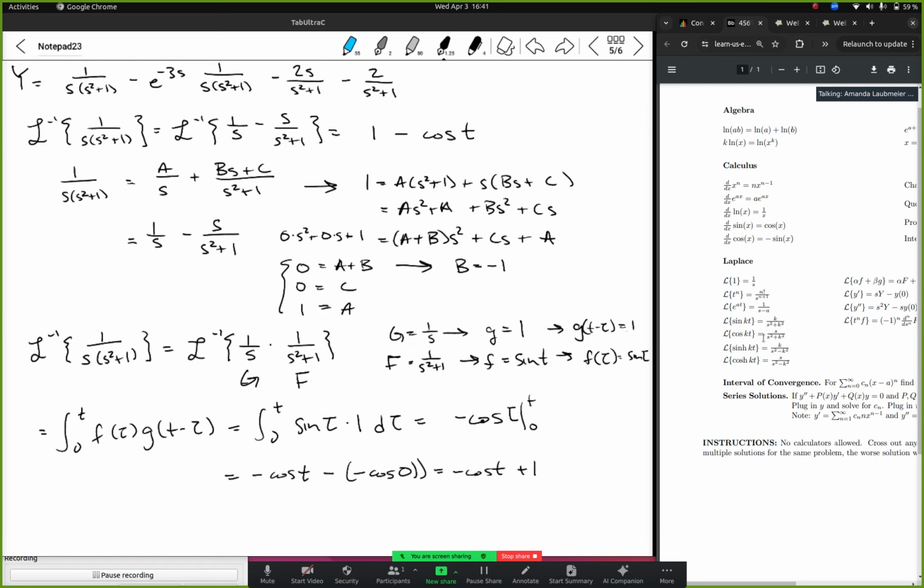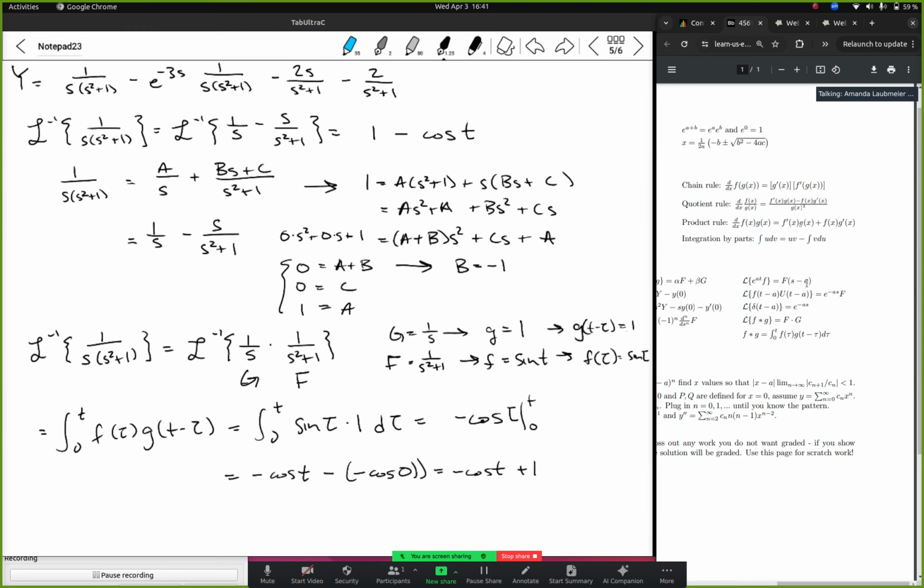But we got the sort of hard part out of the way already. We can use either of these properties to know how to break up the 1 over s and the s squared plus 1 in this term, and then all we have to do is deal with the e using the step function property.